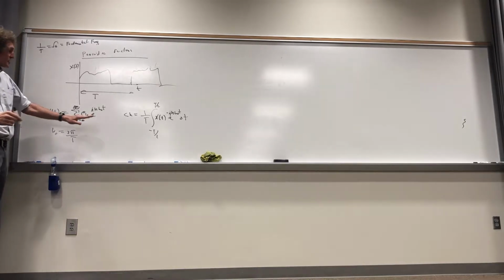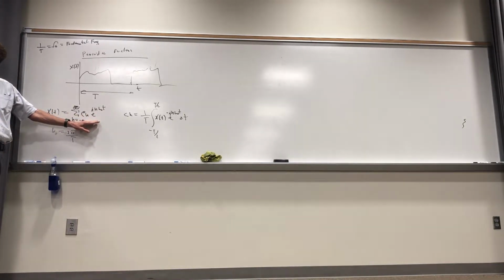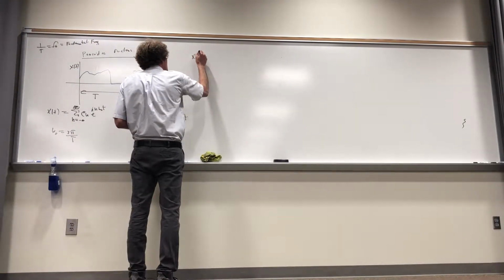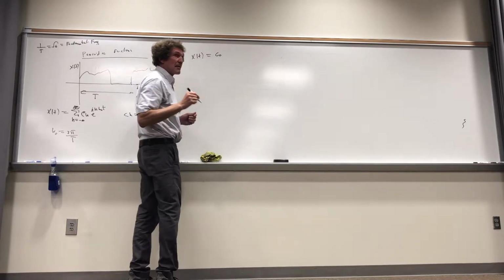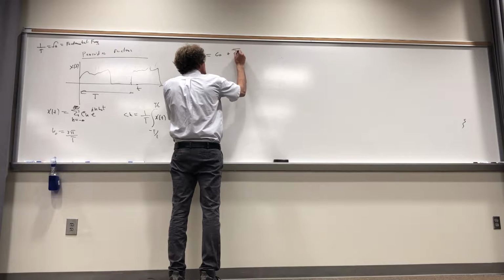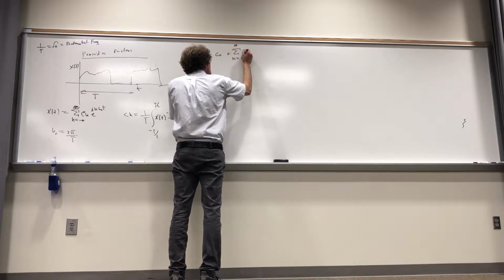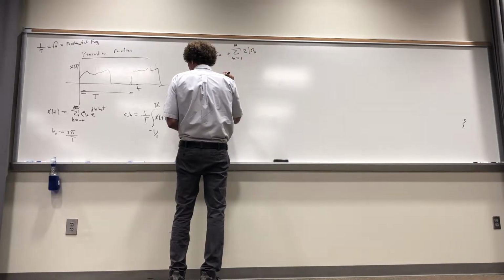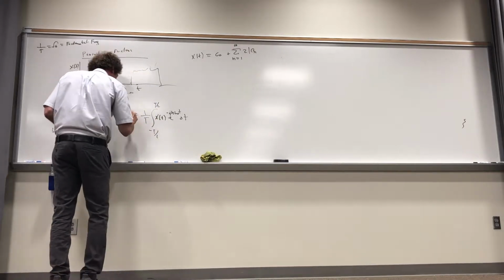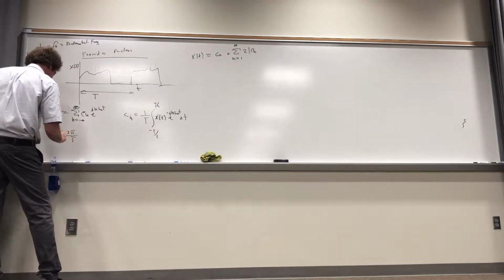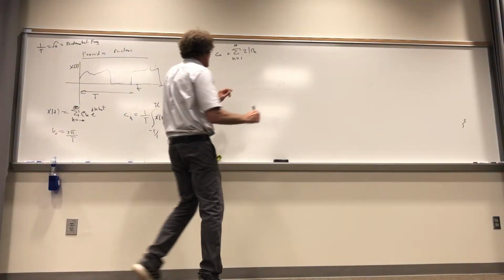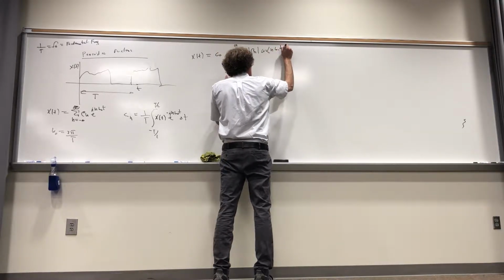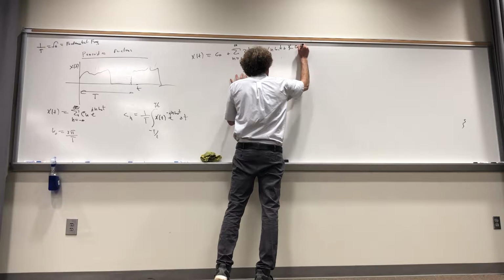Now, we can also go a step further. I could turn this into a single-sided cosine series. Do y'all remember that? This is a bit of a review. I could say that this entire series x of t could be rendered as C0, that's the average value, plus the summation from n equals 1 to infinity of 2 times the magnitude of c of n, I should have put n here, not k, my bad, times the cosine of n omega naught t plus the phase angle of c of n, right?